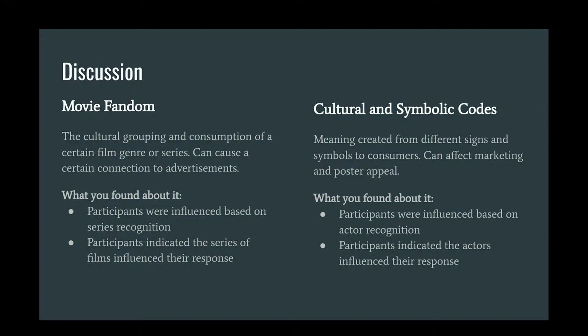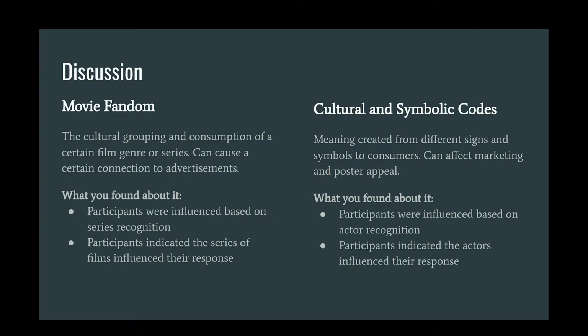Movie fandom is the cultural grouping and consumption of a certain film genre or series. We found this to be significant, with people recognizing the series, recognizing people from the series, especially Will Smith, and we used a poster from Bad Boys. A lot of our respondents indicated that they were A, a fan of the series, or B, not a fan of the series, and that impacted their responses.